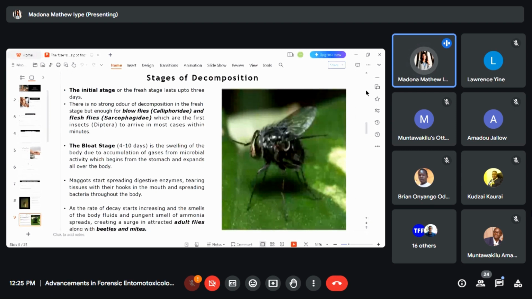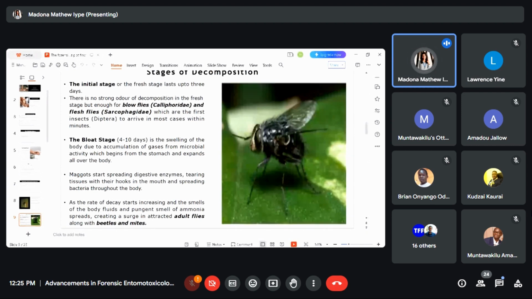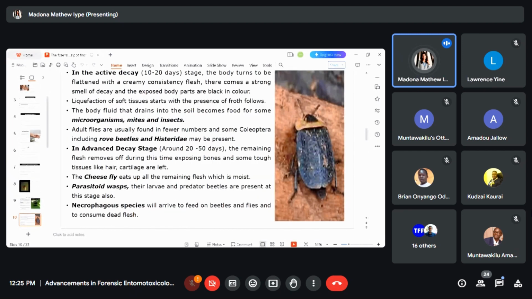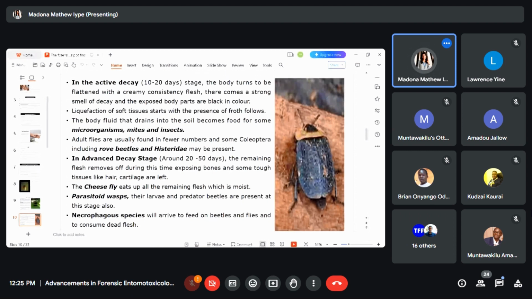As the rate of decay increases, the smell starts spreading, and strong smells of ammonia spread. And now adult flies along with beetles and mites will start to reach the cadaver in the bloating stage.